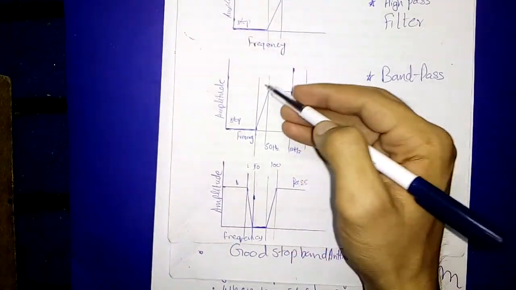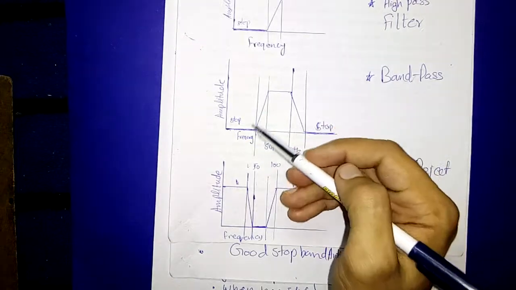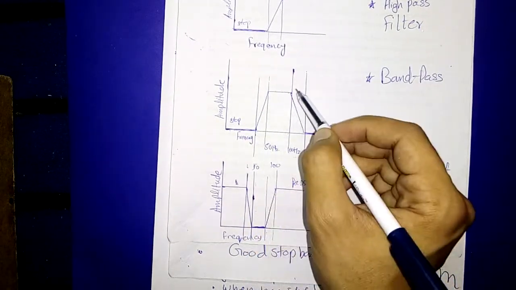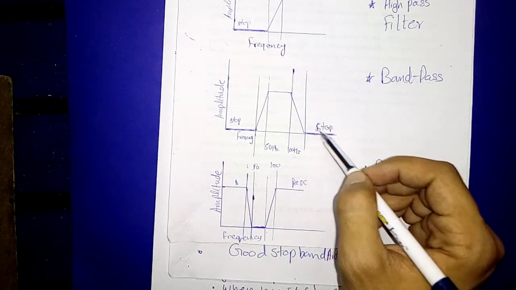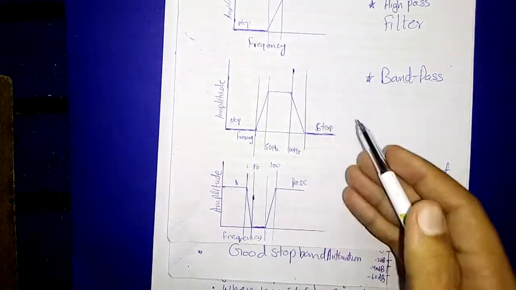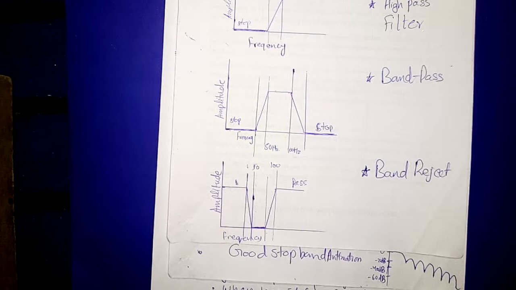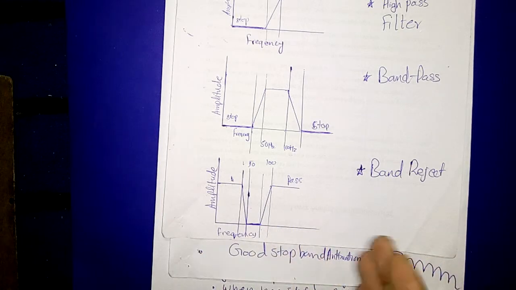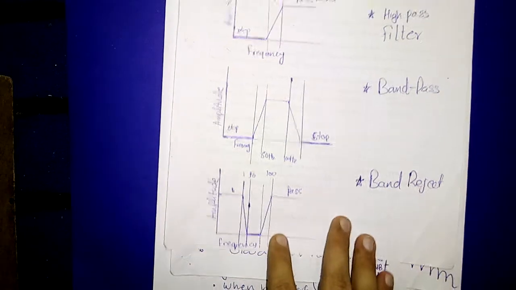It will have two transition phases, because it stops frequencies up to a certain level and then the higher frequencies up to a certain level. This is why it will have two transition bands.